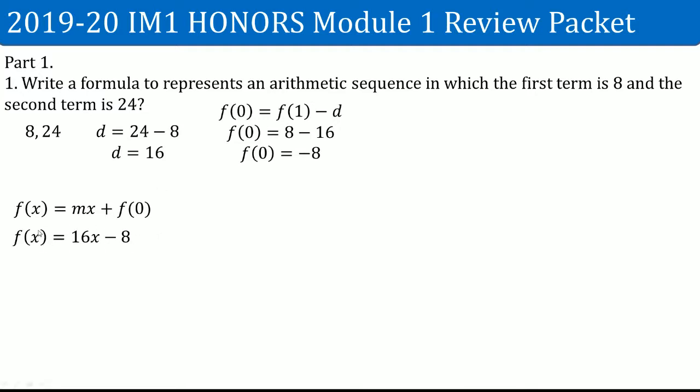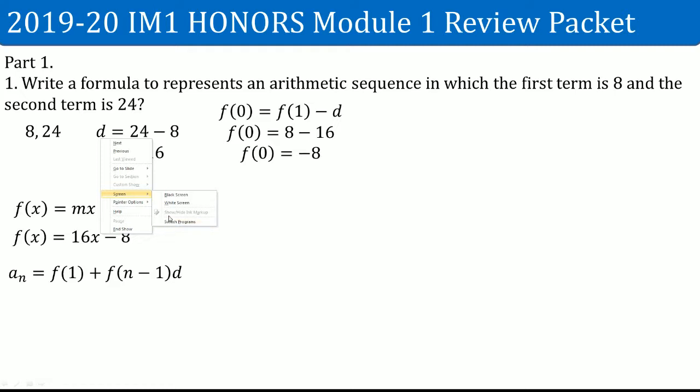You could also write it using a of n, which is in the sequence notation, which uses the f of 1 and the common difference. You're most likely to see this when it talks about sequences. F of 1 here was given as 8.